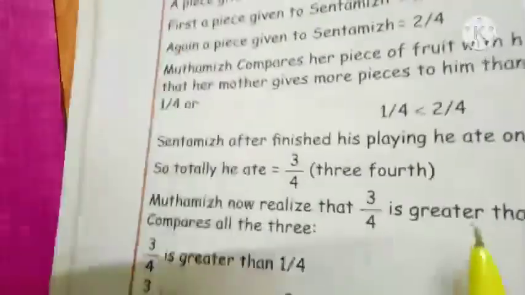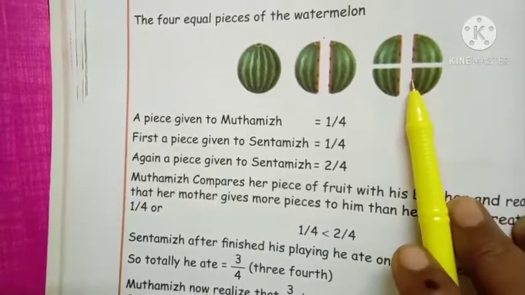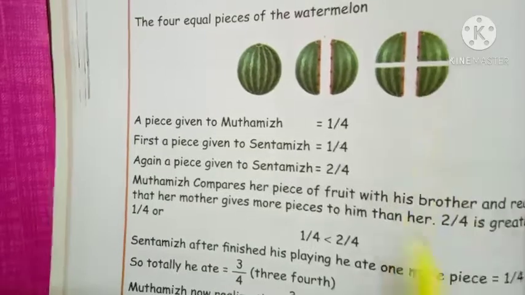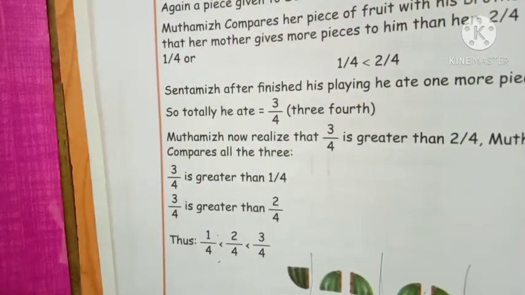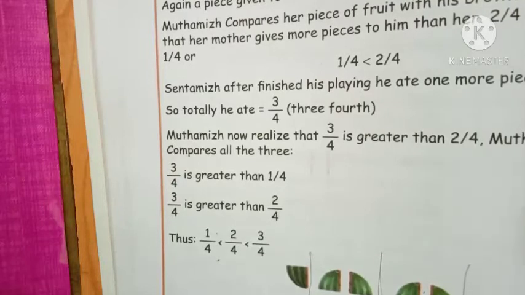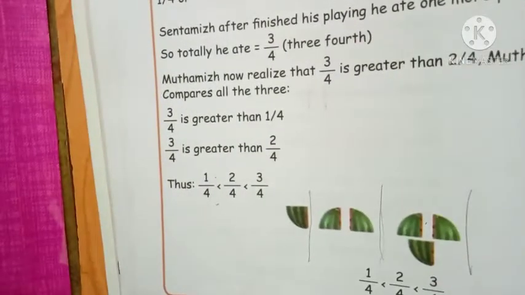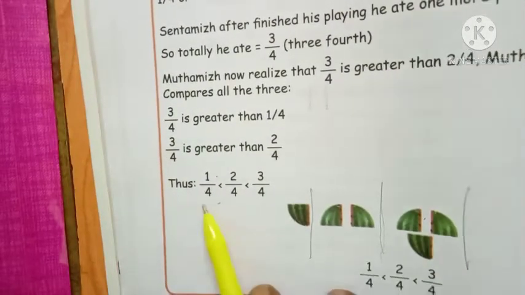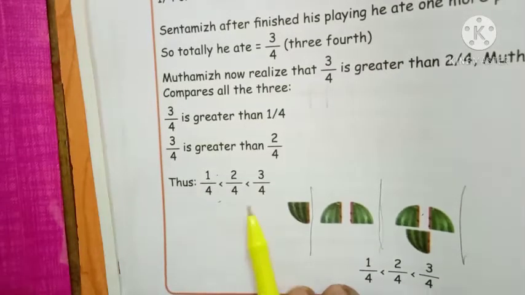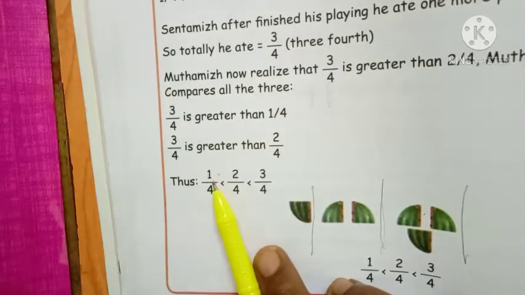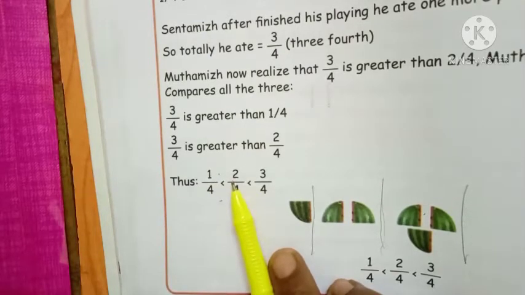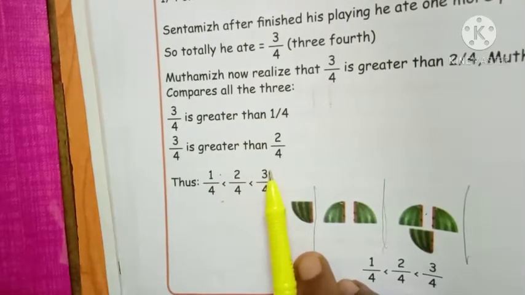But the watermelon is divided into 4 parts, and these 4 parts are taken. First one is only one piece, second one 2 pieces, third one 3 pieces. So which one is bigger, which one is smaller? The denominator is the same, 4 pieces only, but the numerator changed. 1 compared to 2, 2 is bigger; 2 compared to 3, 3 is bigger.